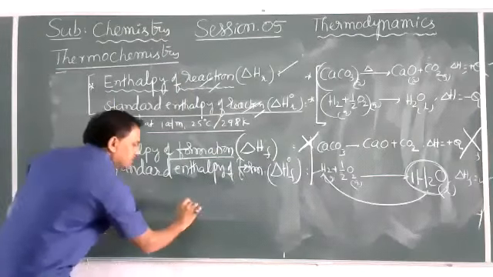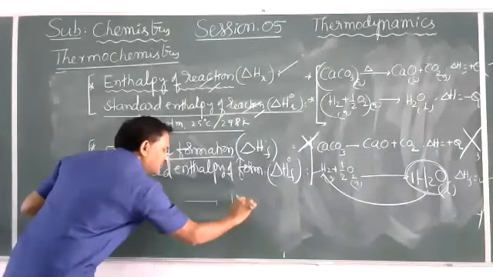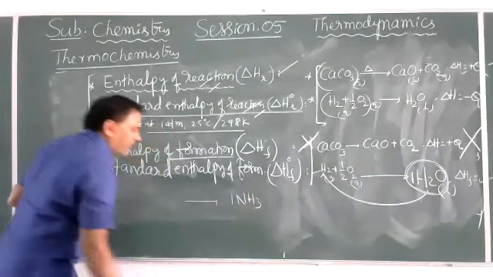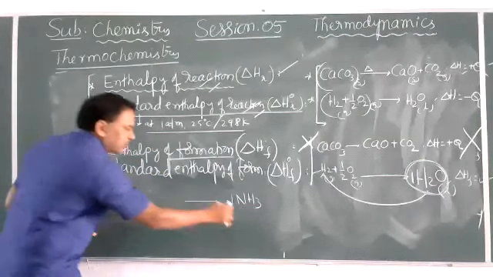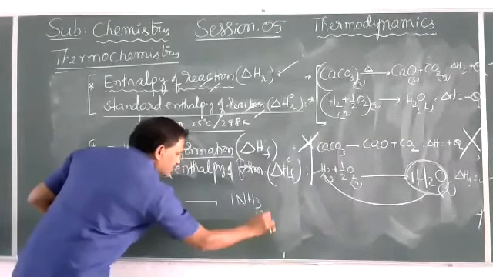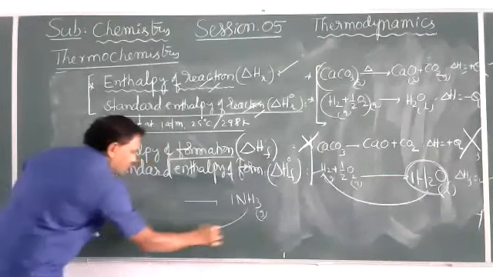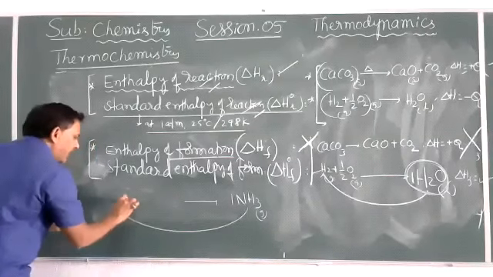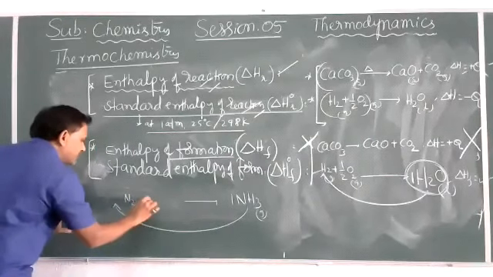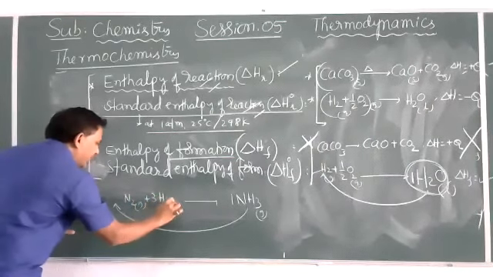So here, for example, 1 mole of NH3, ammonia. In the manufacture of ammonia by Haber's process, 1 mole of ammonia is formed from its constituent elements, N2 gas plus 3H2 gas.